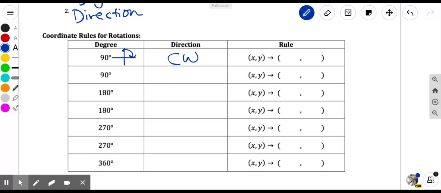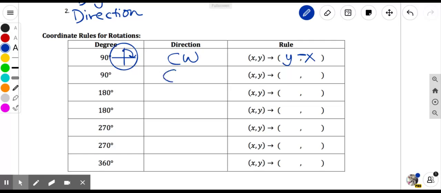When you're doing rotations that are 90 degrees for the coordinate rule, you automatically switch X and Y, and then one of their signs is changed. How I remember which one is changed is, see how in this little picture I drew, 90 clockwise moves to the right. So the one that's on the right changes its sign.